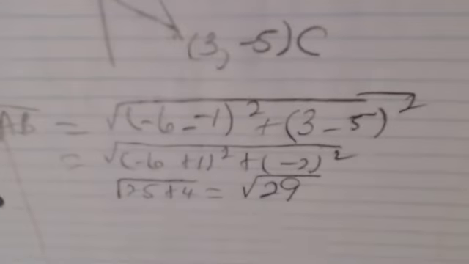Now we got to be real careful with our arithmetic. So this is (-6 plus 1) squared, and this is (-2) squared. So -6 plus 1 is -5. 5 squared is 25, and 2 squared is 4. So that side comes out to be the square root of 29. So far, so good?